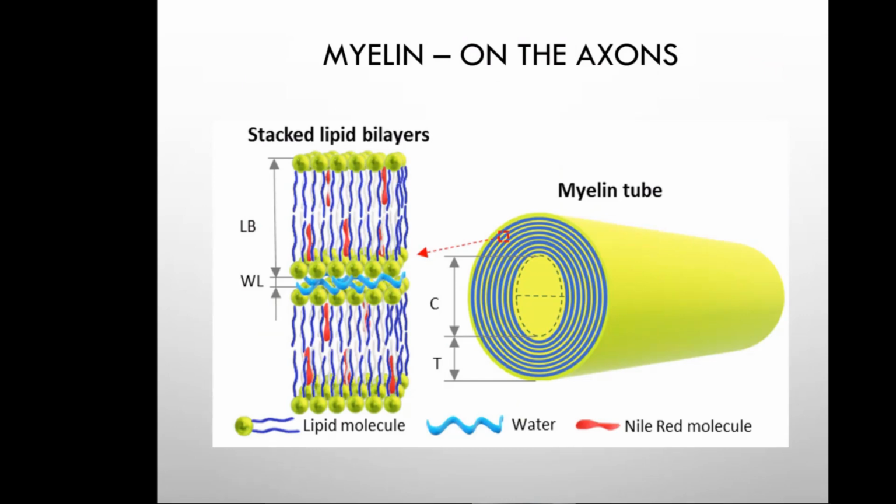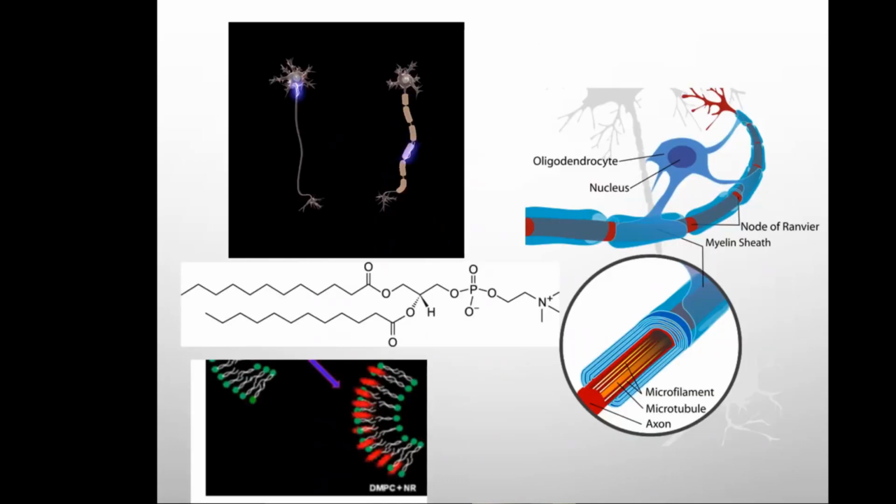The myelin is made of stacked lipid bilayers. We usually have several of these bilayers around the axon. Here, while studying with polarized light microscopy, we doped it with Nile red molecules to have a better image.